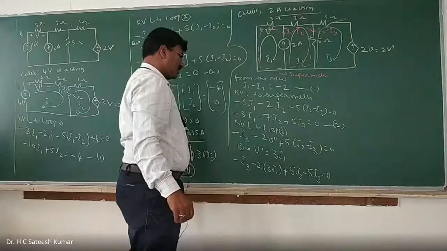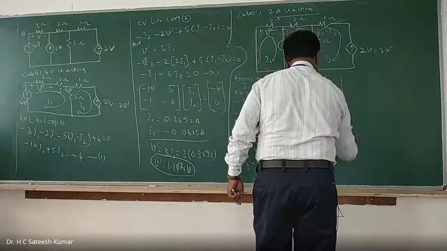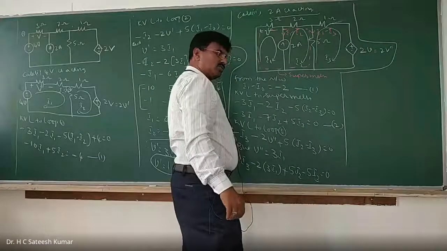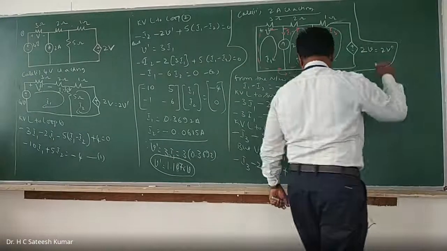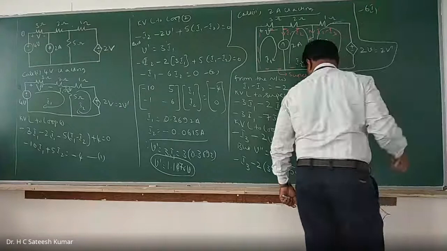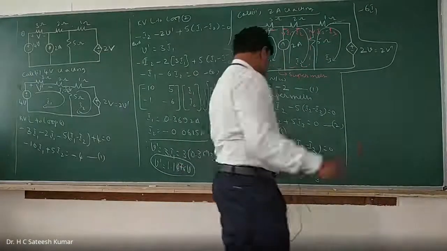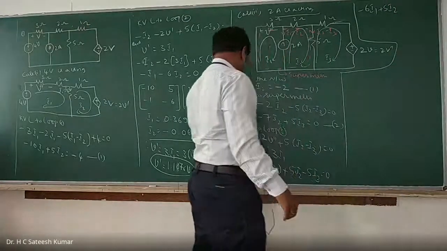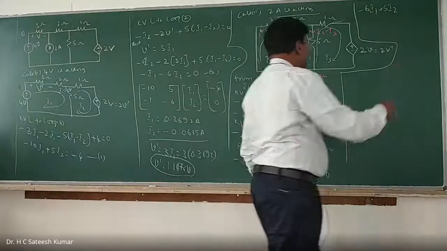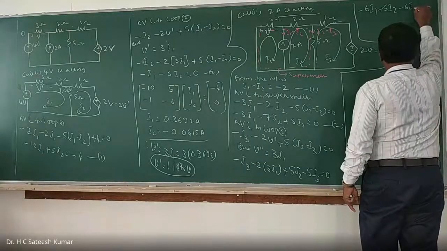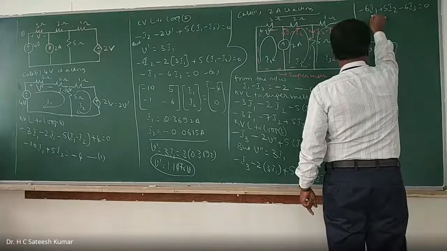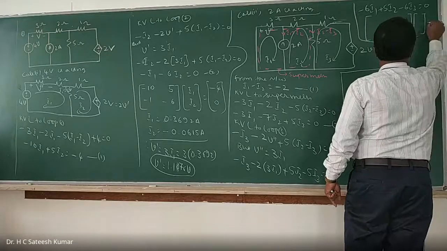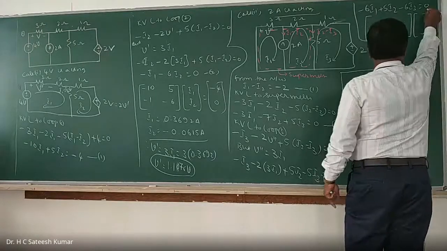Simplify: minus 6I1, plus 5I2, I3 coefficient minus 5I3 minus I3, minus 6I3, is equal to 0. Call this equation number 3.